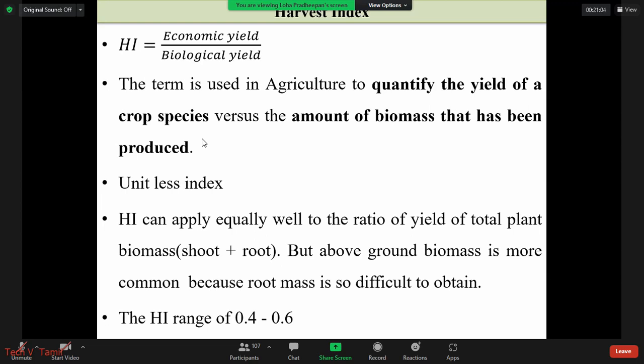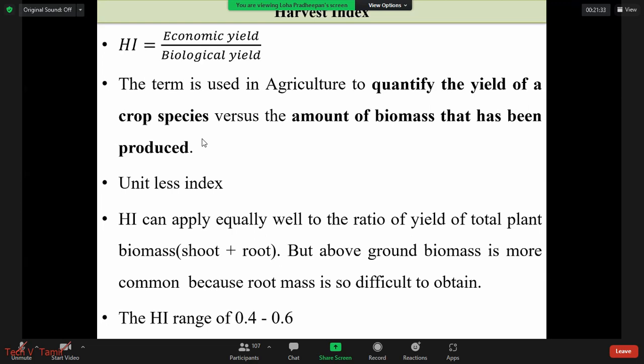Then we moved to the parameters which can be utilized in crop growth analysis. We have to know what crop growth analysis is. We are quantitatively using a collection of techniques to measure plant growth. What are the benefits of doing plant growth analysis? We studied 5 benefits.